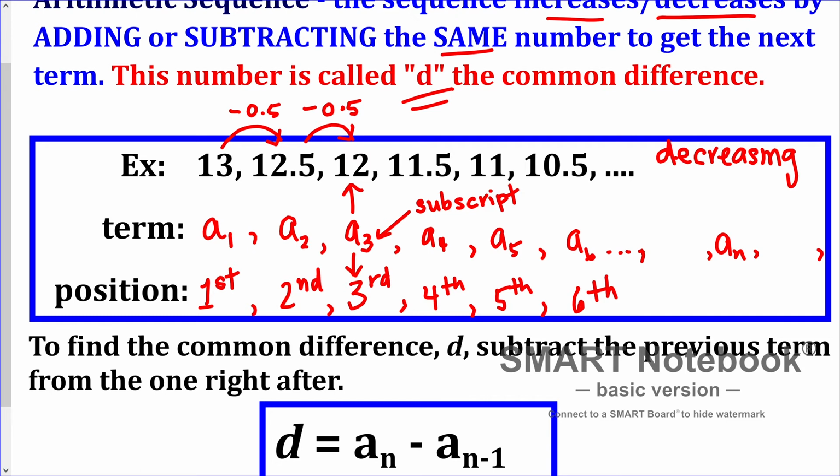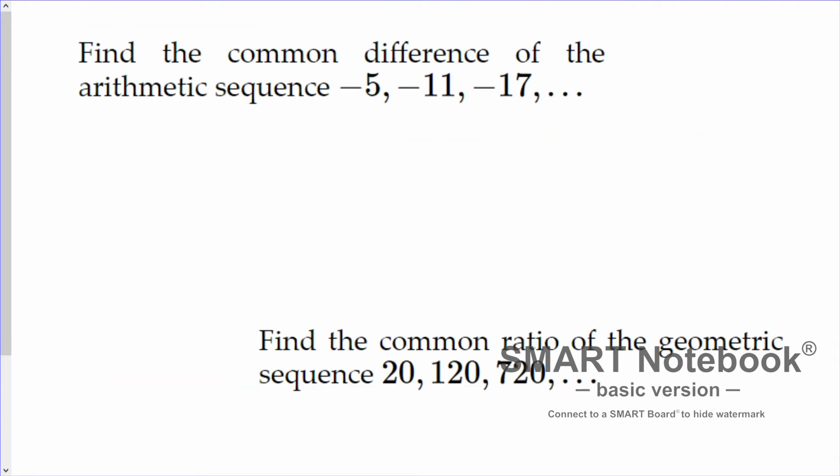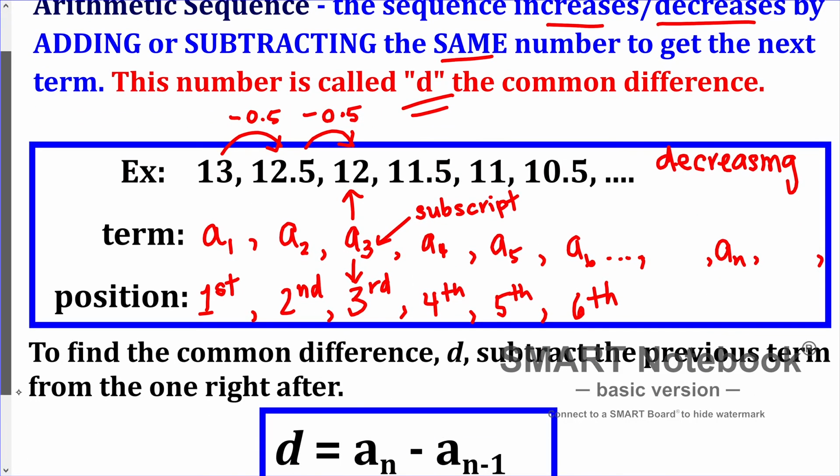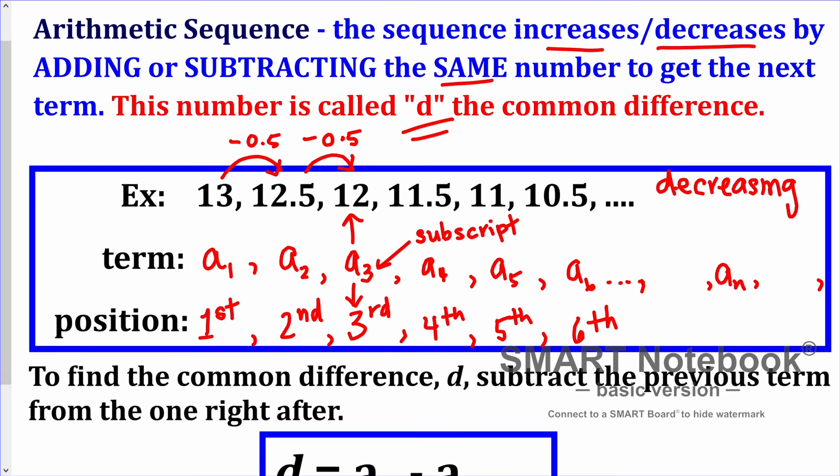So if I'm looking for some random number in the list, right? Like I said, the 100th or the 30th, whatever. That's my AN. The one before it would be the A subscript N minus 1.